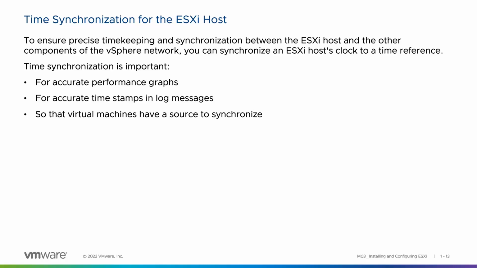So everybody's running the same. This eliminates the need for the virtual machines to go out on the internet and synchronize their time. I personally prefer the ESXi host to have time set up and then synchronize the virtual machines running. That way you know everything's on the same time.